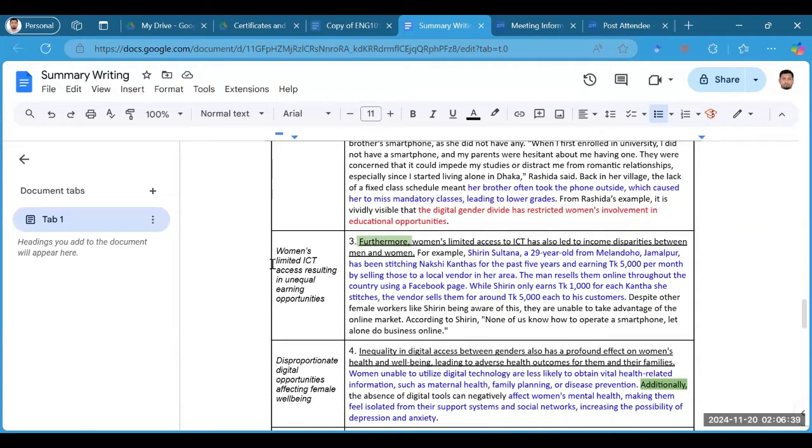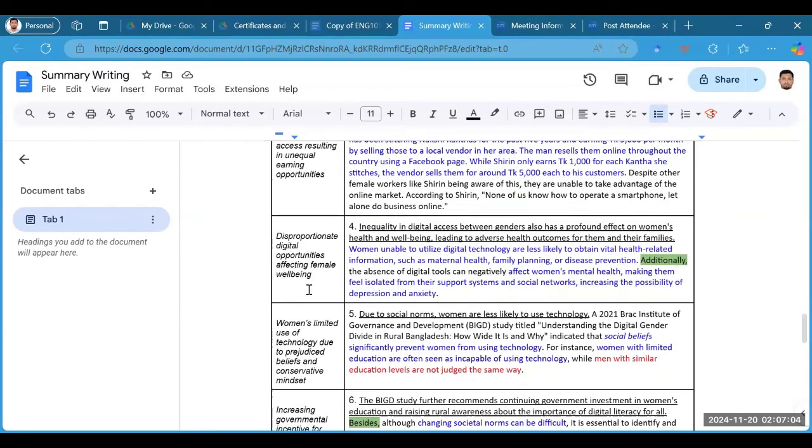So I have written limited ICT access resulting in, which is an outcome basically, unequal earning opportunities. And here we have an example, see, Shirin Sultana, all right? So basically, it shows how women, because of lack of ICT facilities, earn less compared to their male counterparts.